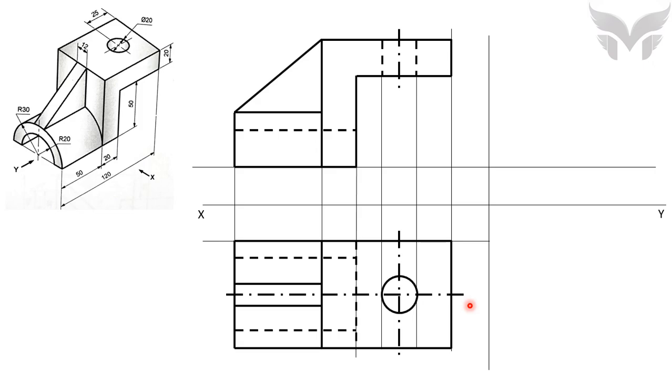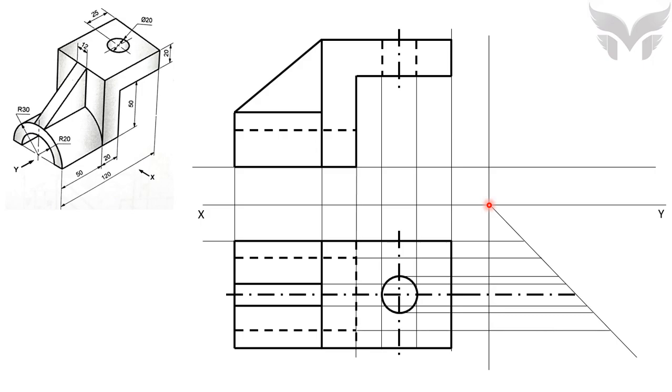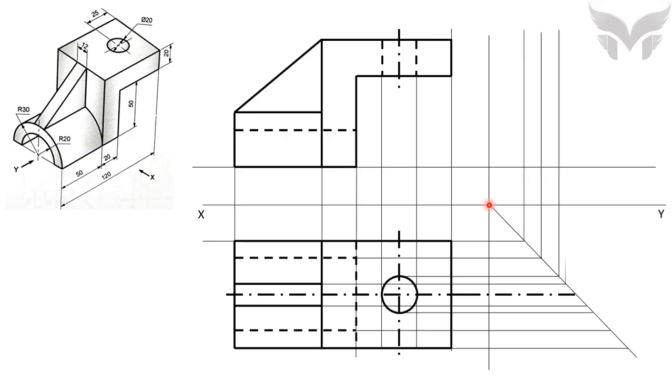To draw a left hand side view, first we need to draw a line at an angle of 45 degrees from a point of intersection of XY line and a line perpendicular to XY. Then take projectors from each and every point of top view towards this 45-degree line like this, and then transfer this projector straight upward.